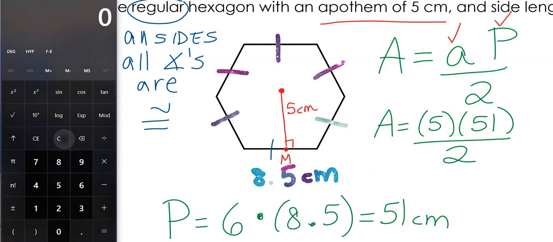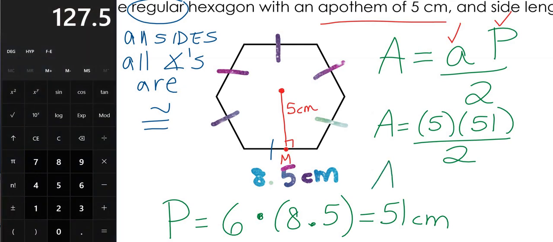So in my calculator, 5 times 51 equals, divided by 2 equals 127.5. I'm going to write that down. Area equals 127.5 centimeters squared. Okay, and I'm done.